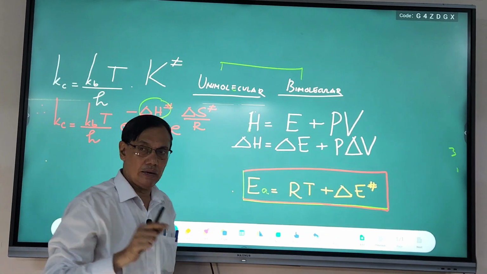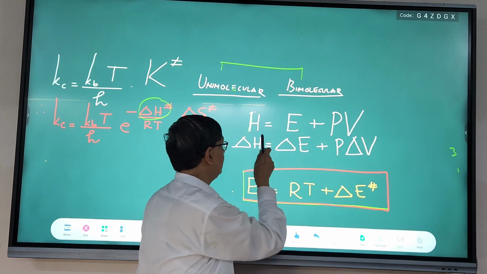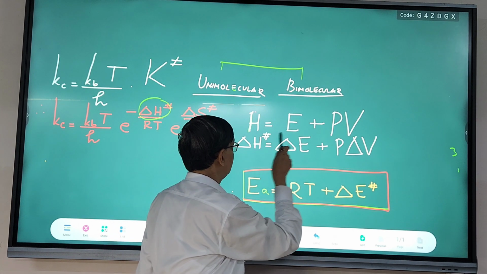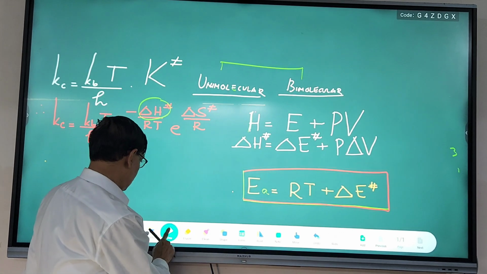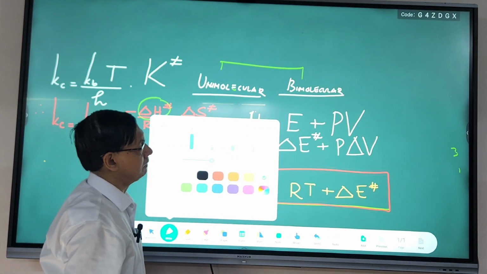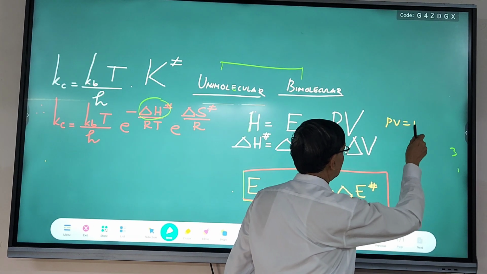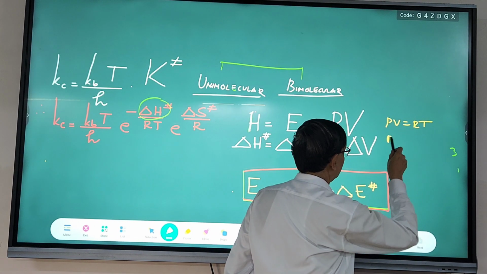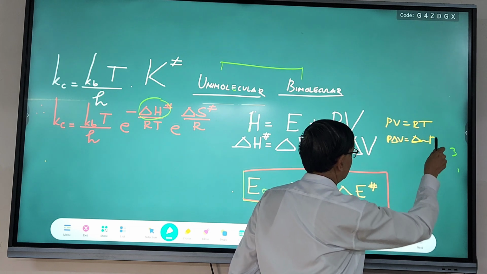And of course, as we are talking about the activated complex, I always put this sign. Because it is a unimolecular reaction, for a gaseous system we can write PV equals RT, so P delta V equals delta n RT, the change in number of moles.